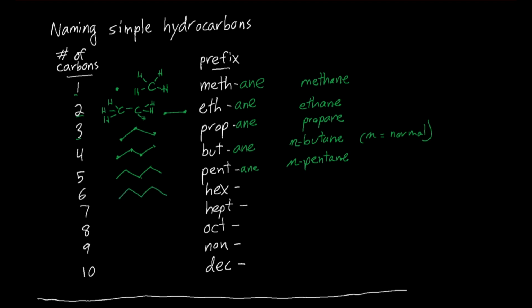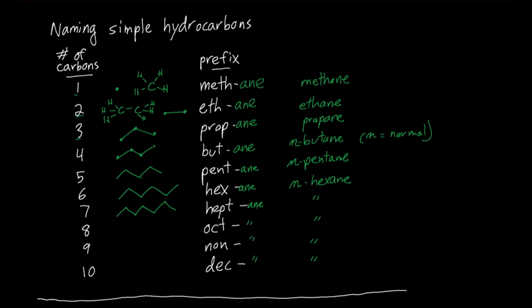Hexane or N-hexane. And the rest, it just keeps going in logical order. 1, 2, 3, 4, 5, 6, 7. Heptane. Same.